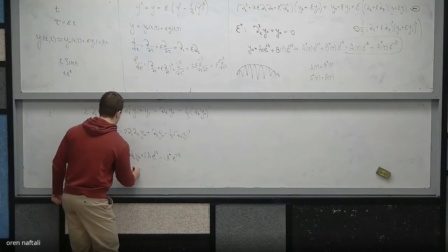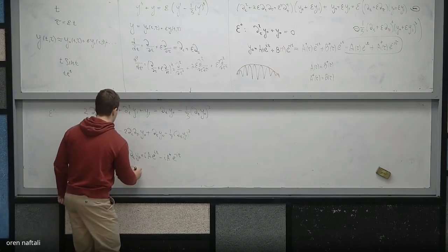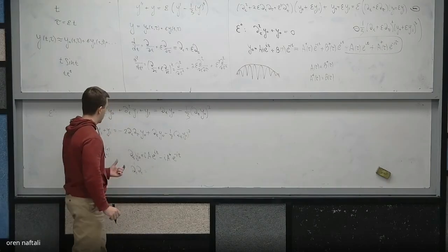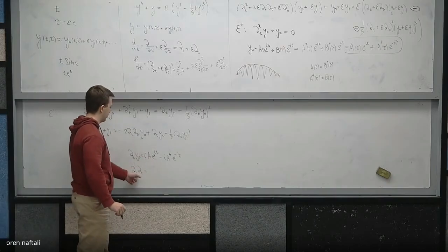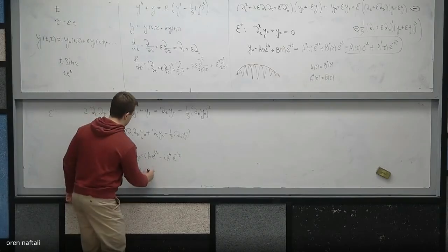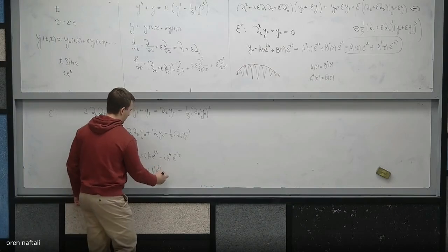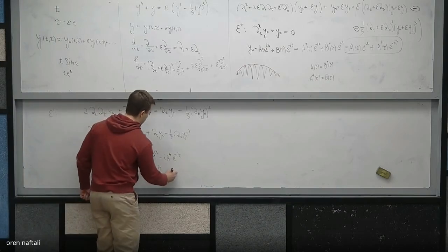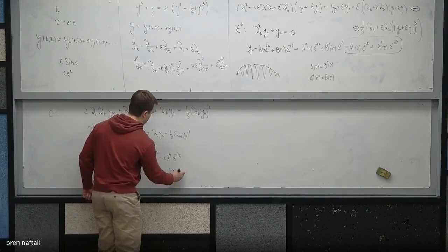The next one, d tau d t: I need to take the derivative with respect to tau of this. So it's i a prime e to the it minus i a star prime e to the minus it.